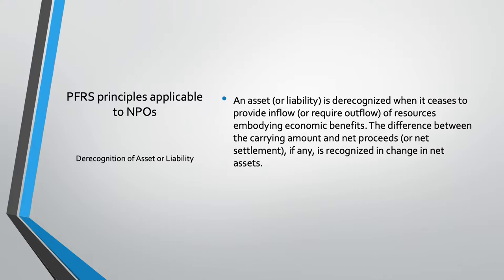The difference between the carrying amount and net proceeds or net settlement, if any, is recognized in change in net assets. So you can also derecognize assets or liabilities in an NPO. Thank you for that, Andrea.